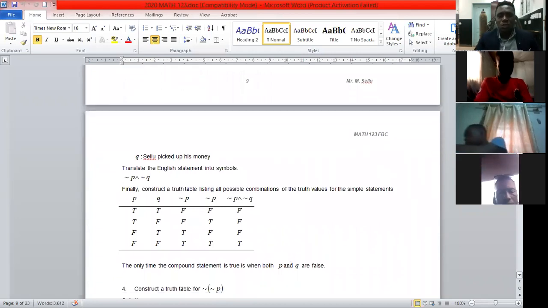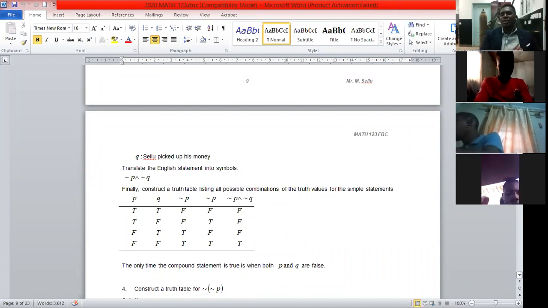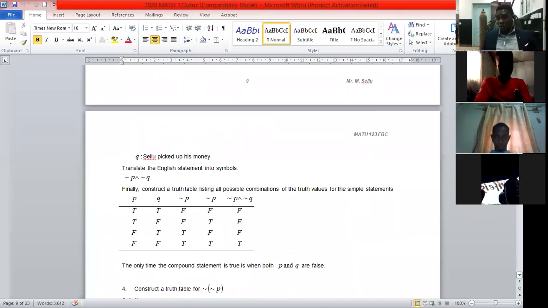Now, if you want to use the truth table to construct this statement, now instead of you knowing a statement, remember I've told you the truth value of that statement. The truth value of the statement is when you ascribe that statement to be true or false.